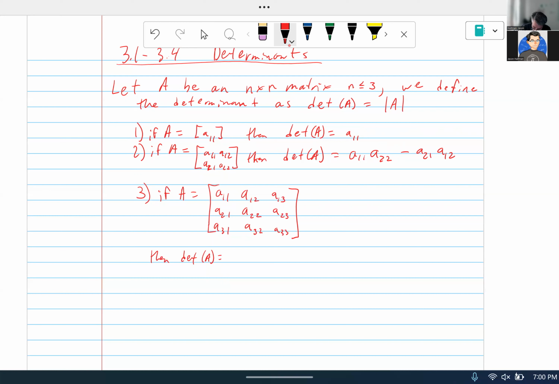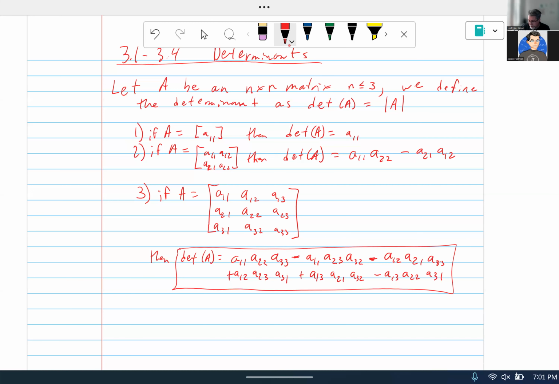We take A11 times A22 times A33, that diagonal, minus A11 times A23 times A32, minus A12 A21 A33, and then we add to that A12 A23 A31, plus A13 A21 A32, minus A13 A22 A31. So that's the determinant of a 3 by 3.